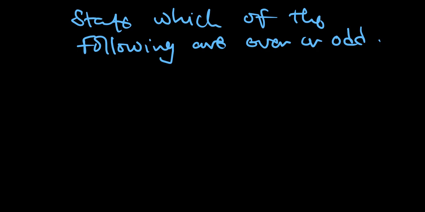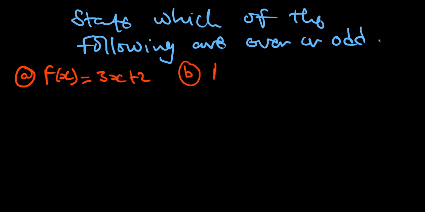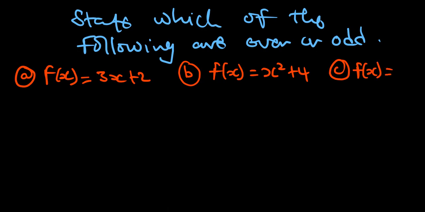Let me say the first one, A: f of x equals 3x plus 2. And then B: f of x equals x squared plus 4. And then I can add the third one: f of x equals x to the power 3 plus 2.